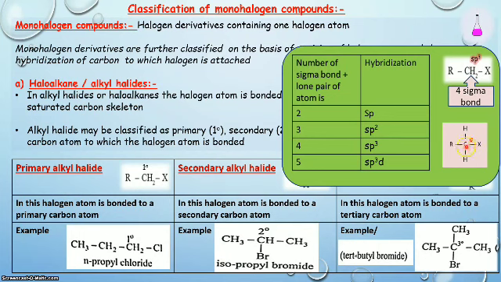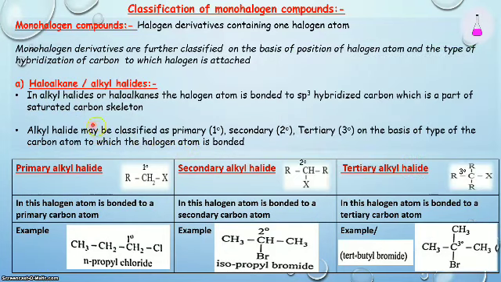This is the first sigma bond, second, third and fourth. As this carbon forms 4 sigma bonds and there is no lone pair on it, the total is 4. That's why this carbon is sp3 hybridized. Now it is clear to all that in alkyl halide, halogen atom is bonded to sp3 hybridized carbon atom.